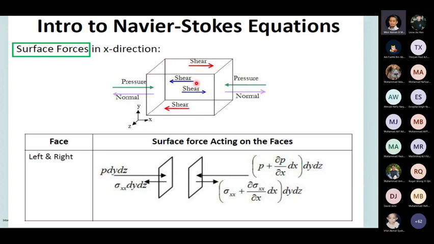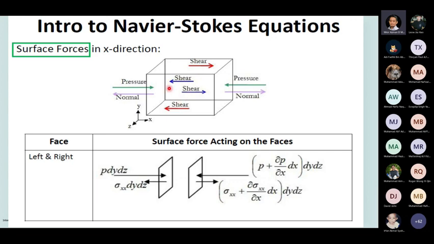The blue one here is on that surface, on the back of this cube. This cube is just a very infinitesimal volume inside the fluid. Imagine that we take a very small cube and see what forces affect it inside the fluid.